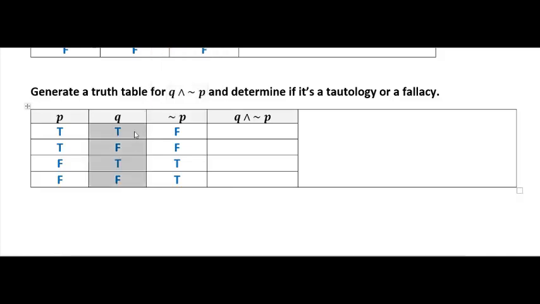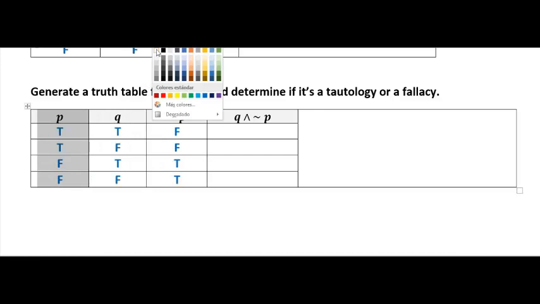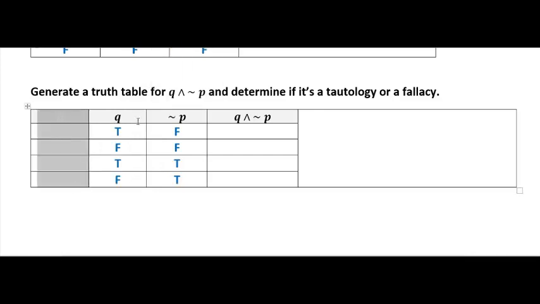Now let's see the other column. In the other column, I have a conjunction and I need Q, and also I need the negation of P. So I'm just going to focus on these two. I'm going to ignore P. Okay, so let's see.